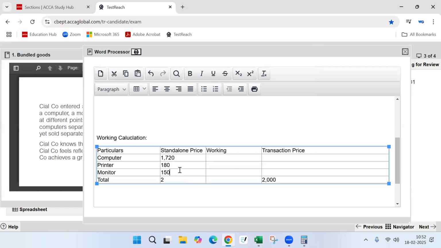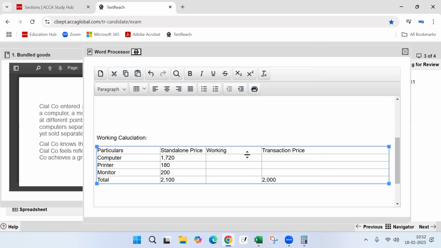Sorry, 200 will be your sale value, not margin. So the total will be 1720 plus 180 plus 200, which is 2100. Now, how will you do the allocation?